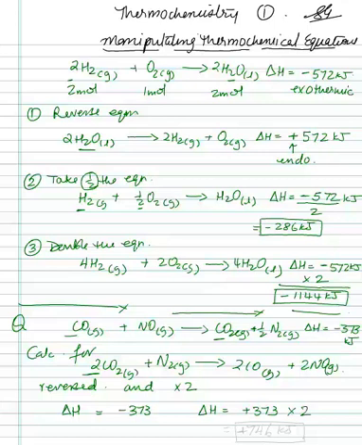So this should give you 746 kilojoules, and of course this is positive. If you write the positive, that's okay. If you don't write it, it's understood. I like to write the positive just because. So this is how you would manipulate a thermochemical equation. It is quite simple: just look at whether it's reversed, divided by 2, or multiplied by 2, and that's how you deal with the enthalpy value as well.